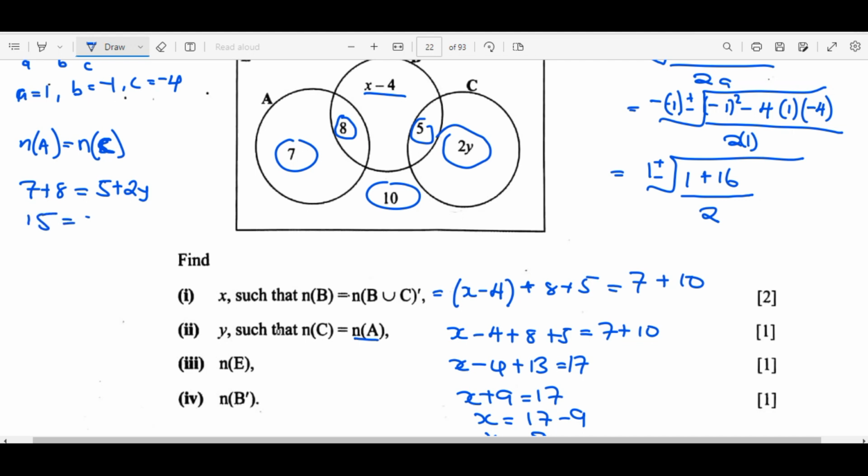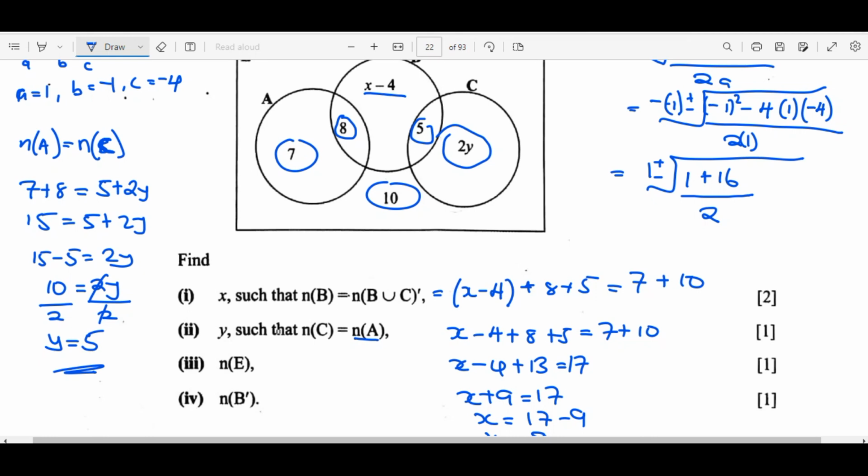And then 5 plus 2y, and then 15 minus 5 is equal to 2y, so here we're going to have 10 is equal to 2y, and then divide by 2 there. So y is equal to 5. So meaning that y is equal to 5. And then we can move and find the number of set E.